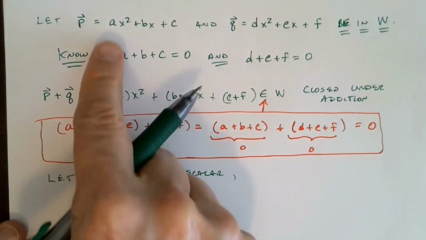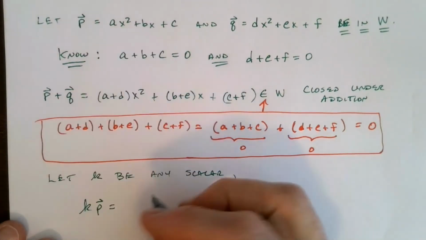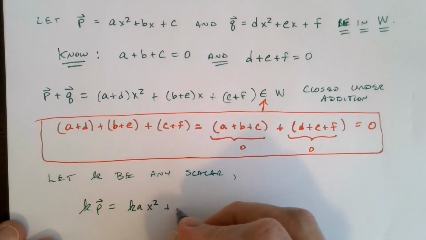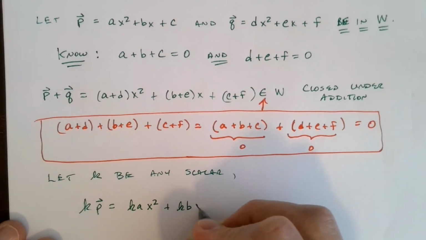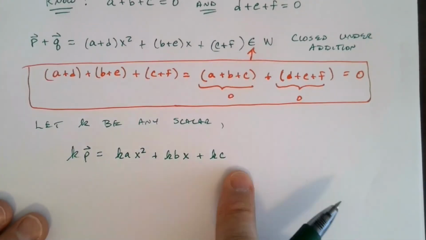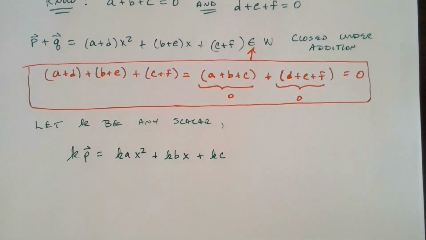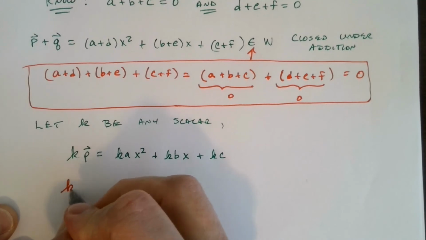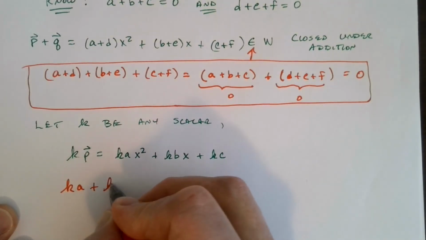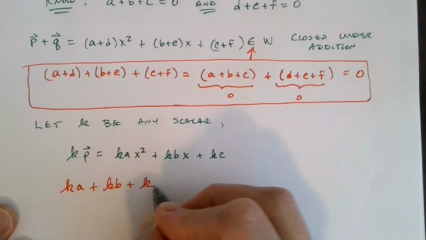And if I multiply this by k, I distribute over and I get ka x squared plus kb x plus kc. Now, is this polynomial in the set W? Well, again, we're going to have to check if the sum of its coefficients, which are ka plus kb plus kc, is 0.